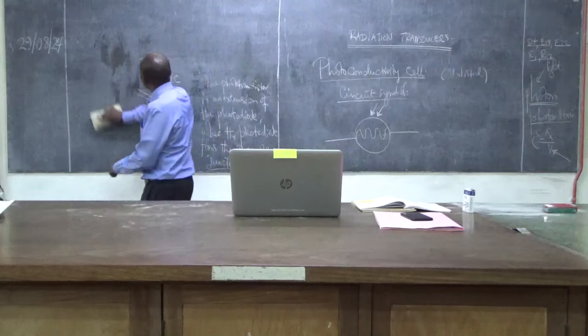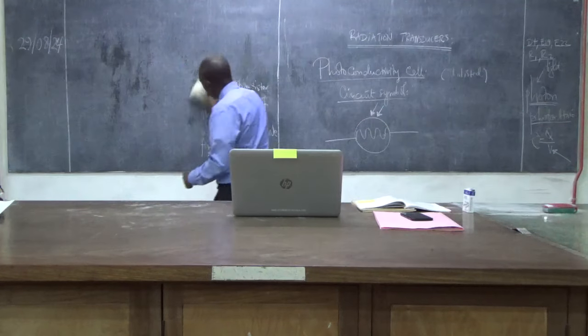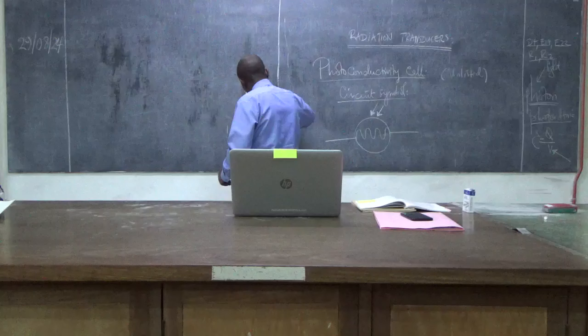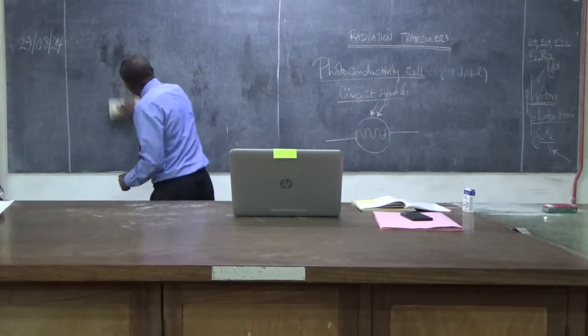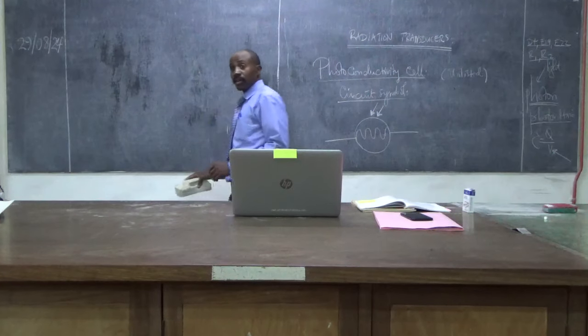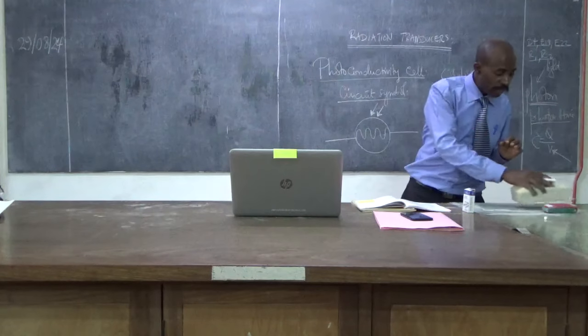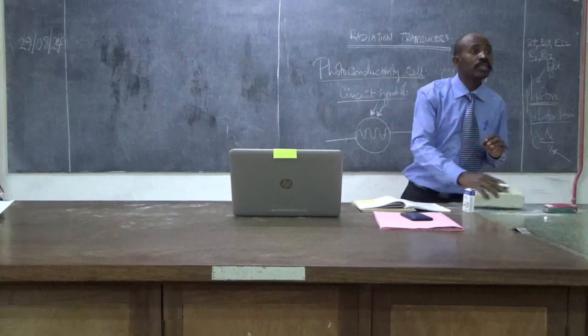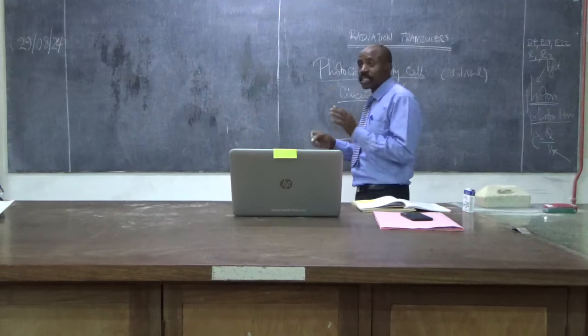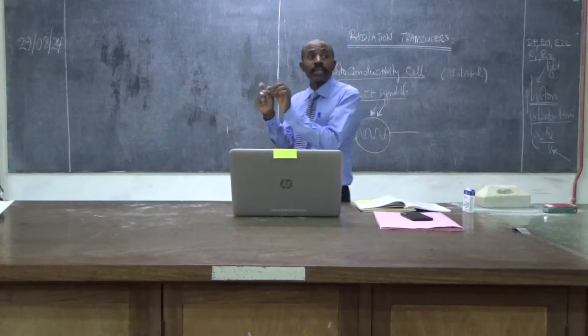I'm sure every one of you knows solar energy. You hear of the solar panel. Some of you use calculators with a solar cell, but you don't really take interest in knowing. Most calculators have a small part on the side.